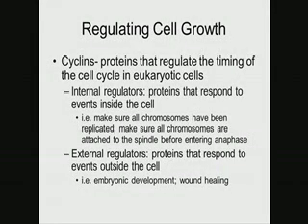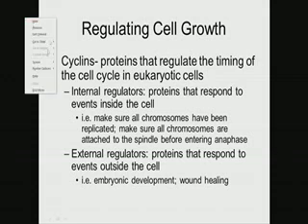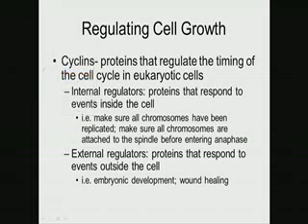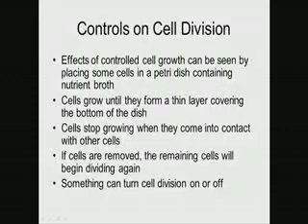Next, I have already told you what cyclin is. Cyclin is a protein which regulates the timing of the cell cycle in eukaryotic cells. So the cell cycle is regulated by a protein called cyclin.